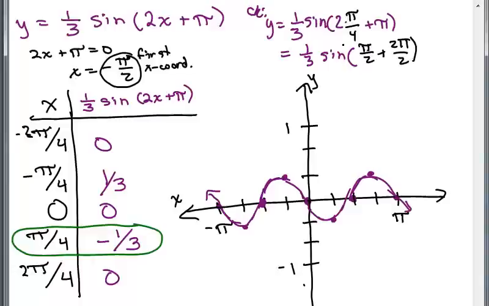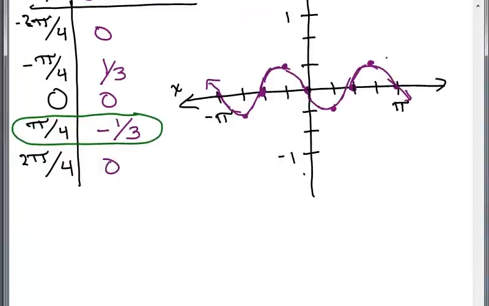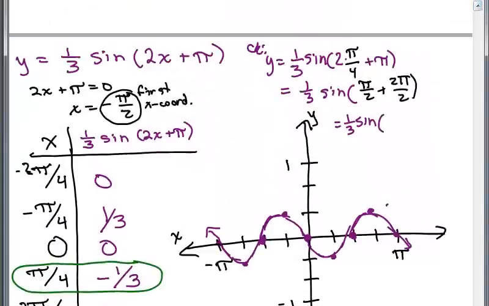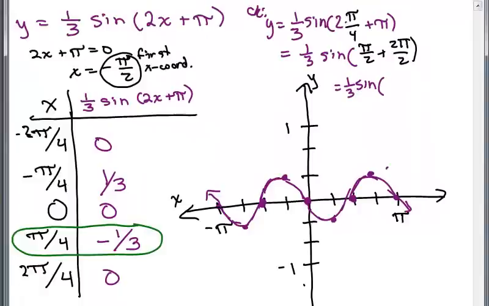So that really gives me, keep on going, 1/3 sine of what? Well, you've got pi over 2 plus 2 pi over 2, that's 3 pi over 2. Okay, and then what's the sine of 3 pi over 2? Hopefully you know that is -1, and that's -1/3.